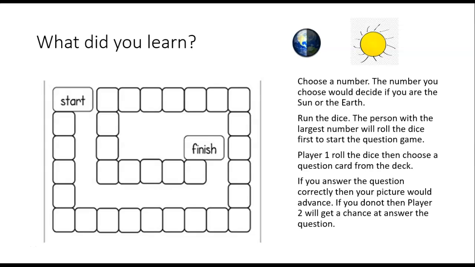However, if that person doesn't answer the question correctly, then the second player will get a chance to answer the question, and if that player answers correctly, then that player would advance to the 4th spot and still get their turn, and it will be vice versa as you go along.